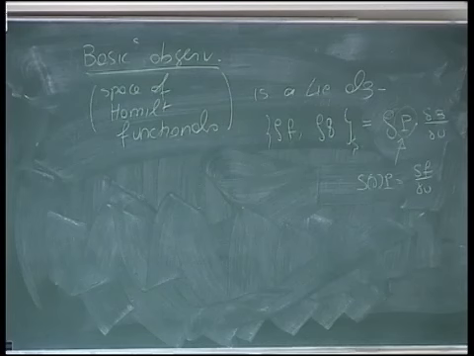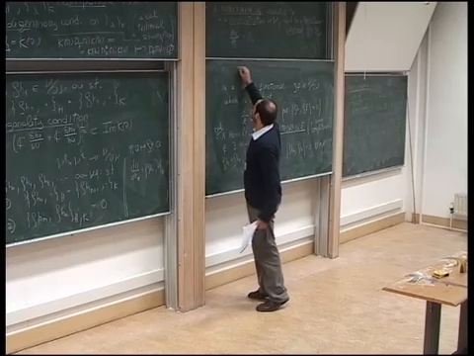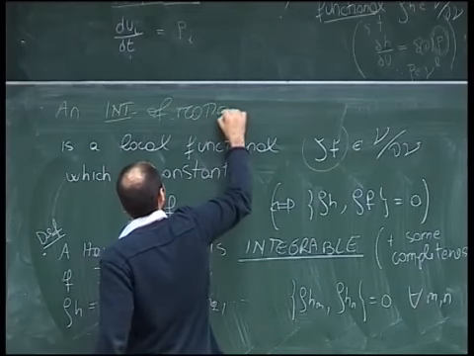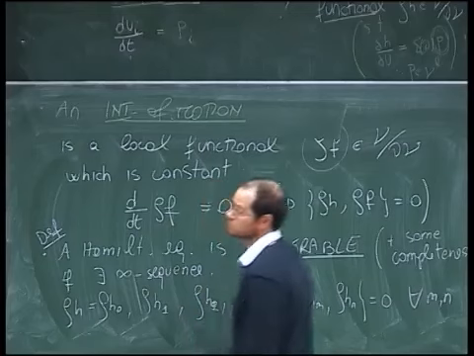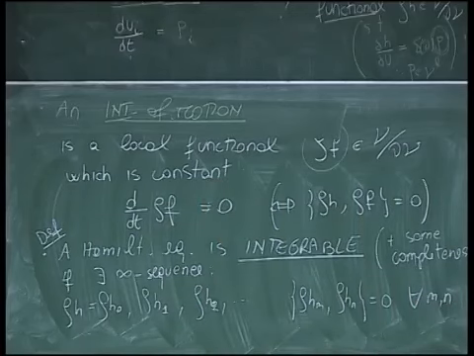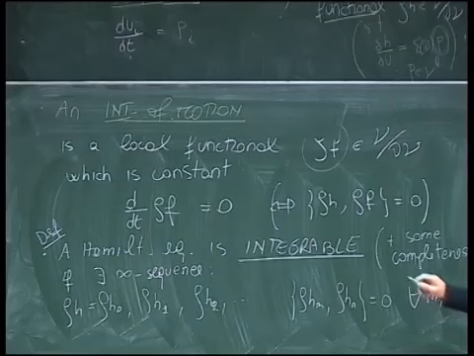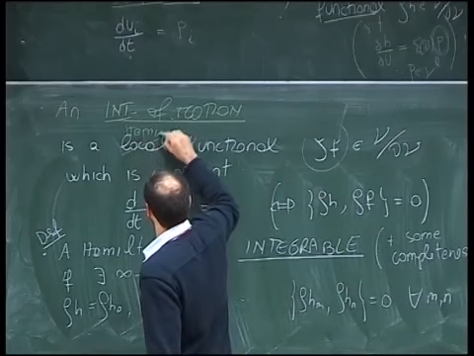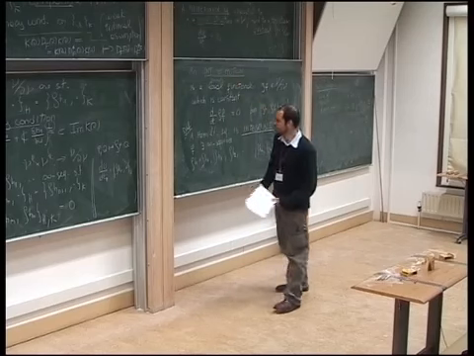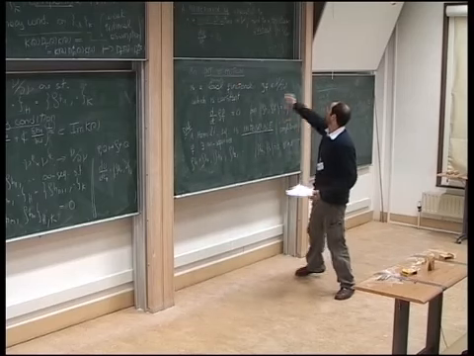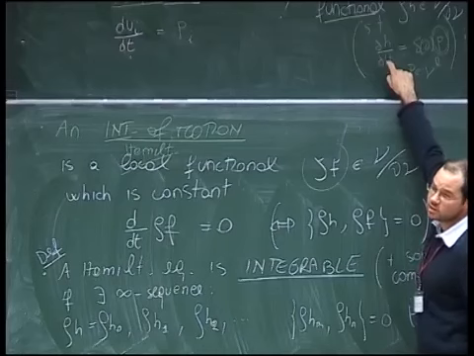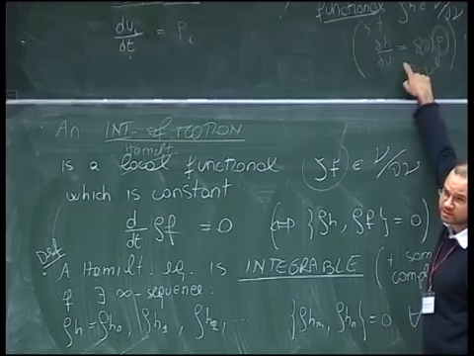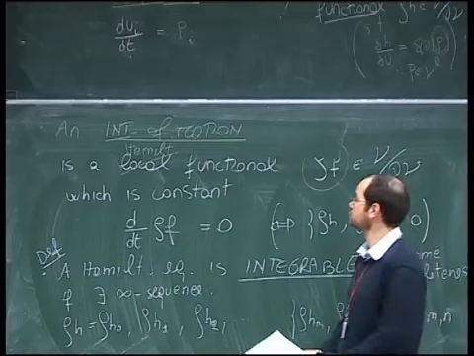And so we can define what is an integral of motion. For such a Hamiltonian functional, by Hamiltonian functionals I mean local functionals which are such that their variational derivative is in the image of S, this property.